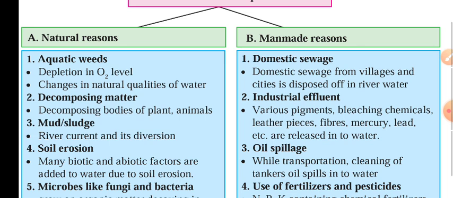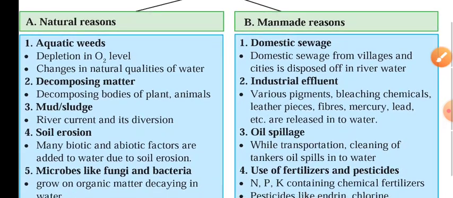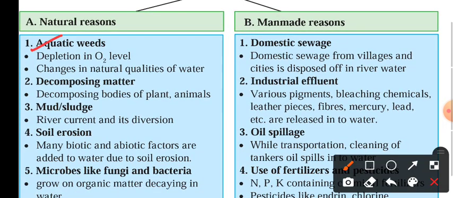The natural reasons are aquatic weeds, depletion in O2 level, changes in natural qualities of water, decomposing matter, decomposing bodies of plants and animals in the water, mud or sludge, and river current and its diversion. That also is one of the natural reasons for water pollution.